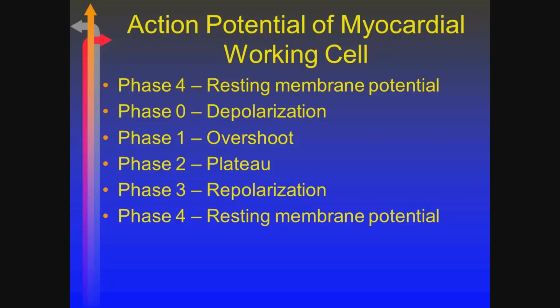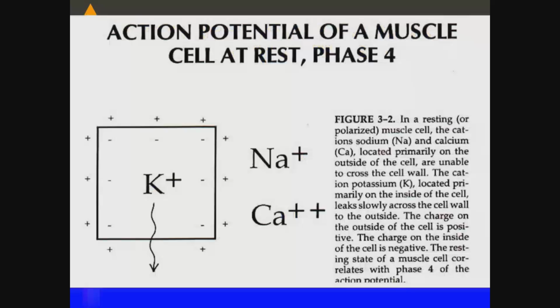This is how it's classically described: from a resting membrane potential through depolarization, a slight overshoot, a plateau, and a repolarization. During depolarization, there is movement of potassium out and movement of sodium and calcium in.